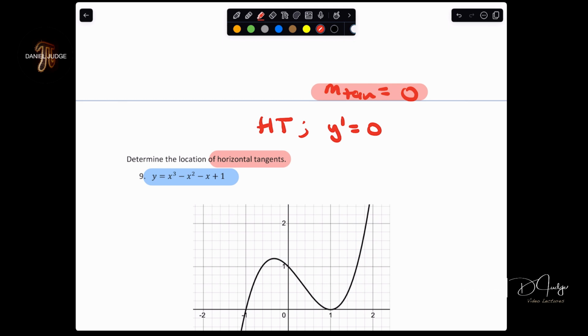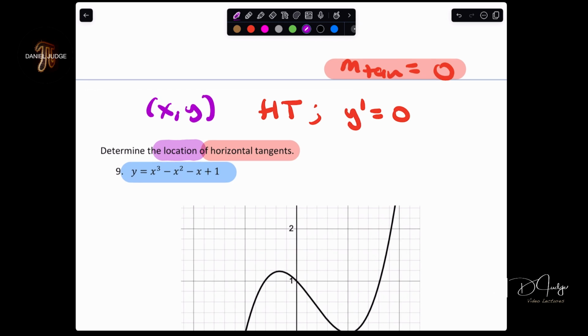So it's a different question. We did talk about that. They want to determine the location. And location, ladies and gentlemen, is code for the x and y coordinate values. That's what a location is. So they want us to find the location, the x and y coordinate values, where we have what's called a horizontal tangent.